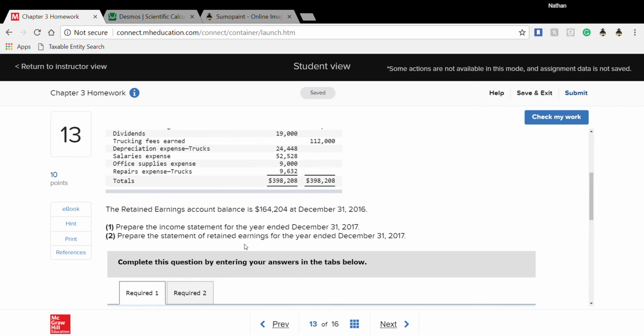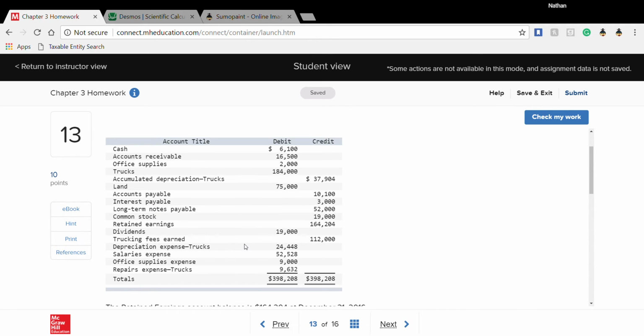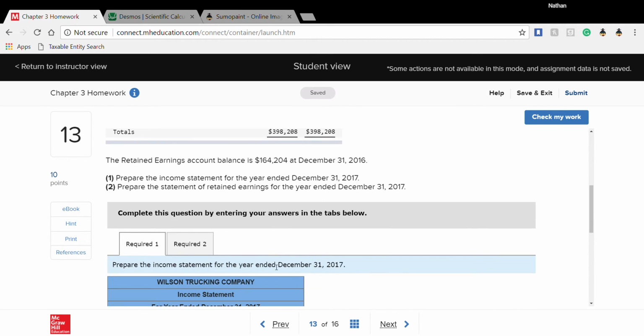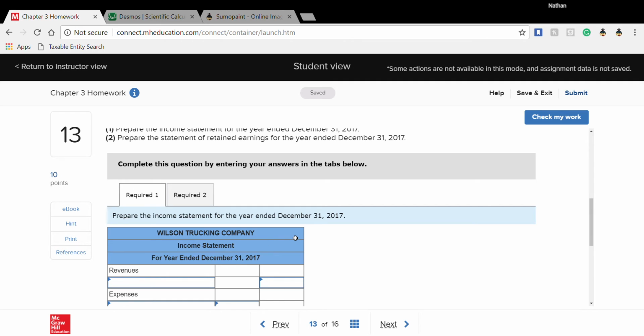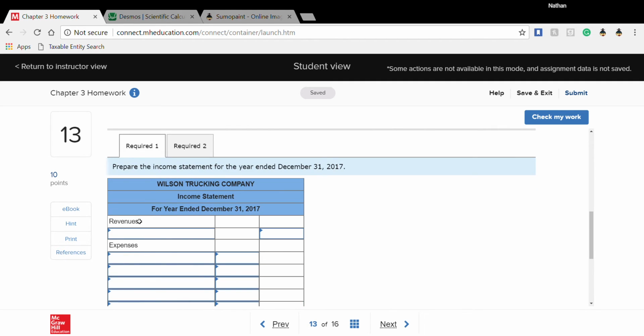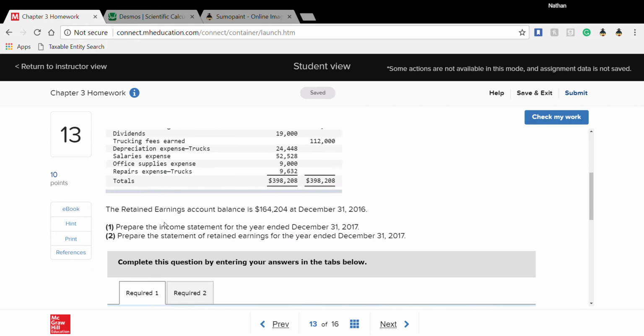So again, like in chapter 1, here's our statements coming from the adjusting entry. First one, income statement. Again, here it actually labels it for us. So this is all we're looking for. What is my revenues?